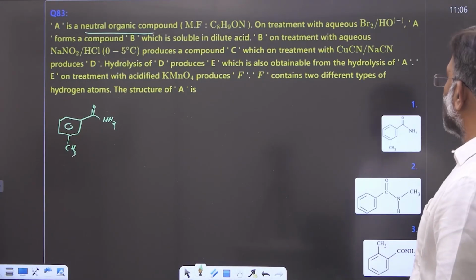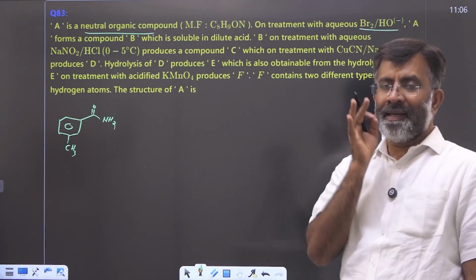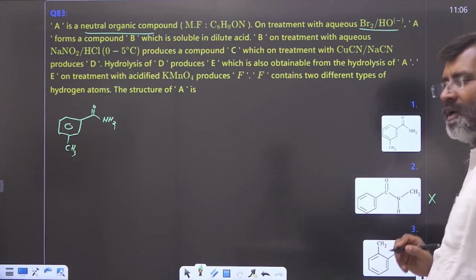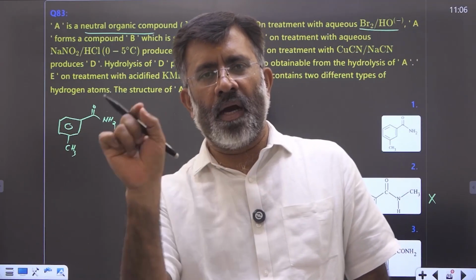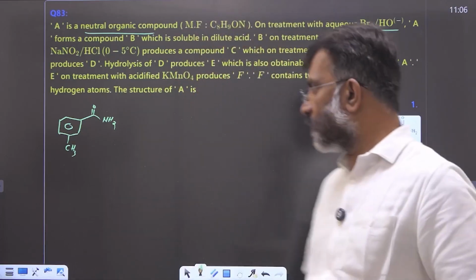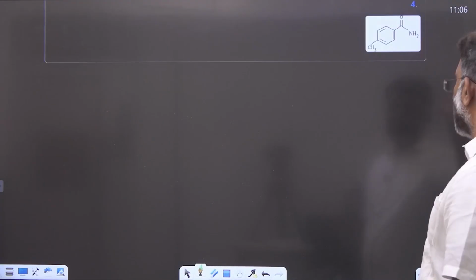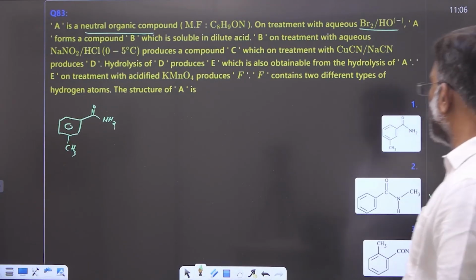The molecule reacting with bromine and H2O, that is Hofmann's degradation reaction. That means this choice is out. Hofmann's degradation reaction is applicable to primary amides, CONH2. So it can be this one or this one. No problem, so anyway, I'm taking option 1.